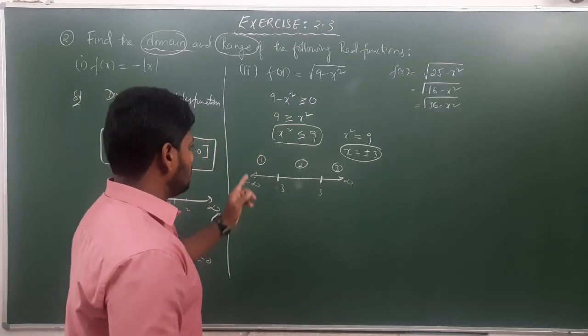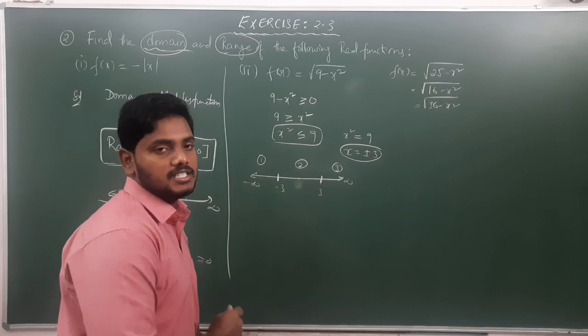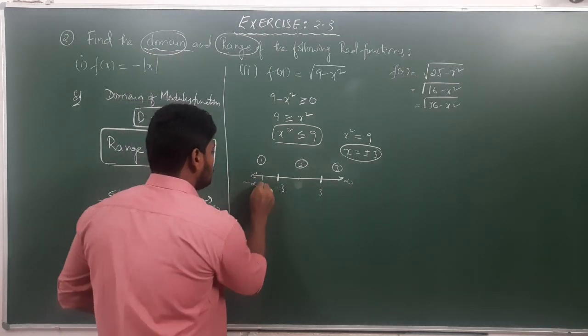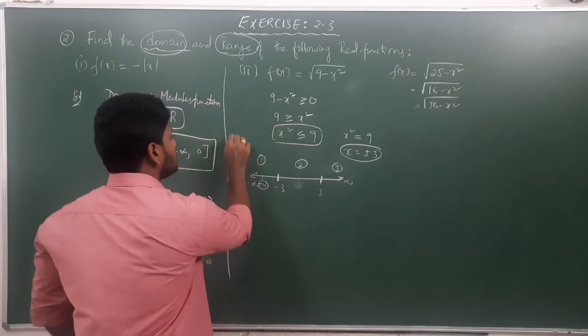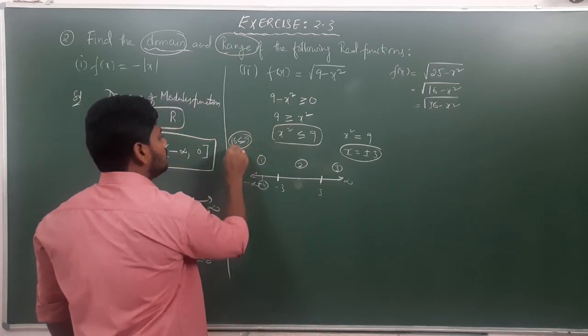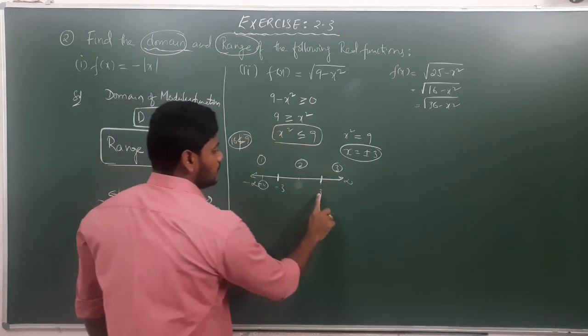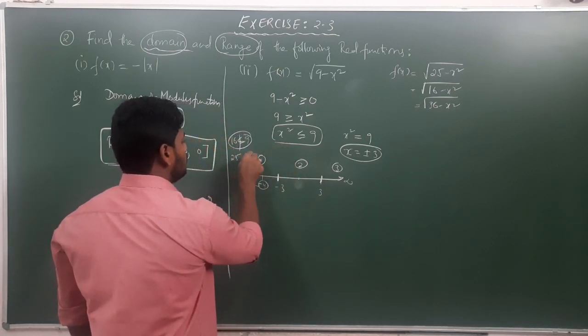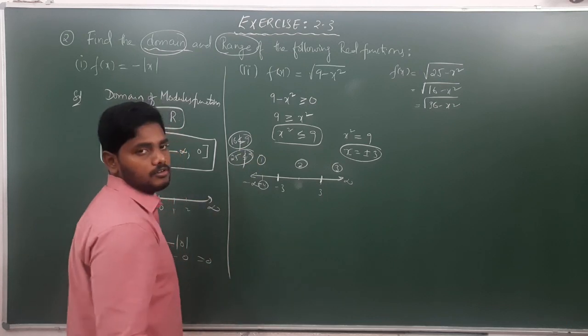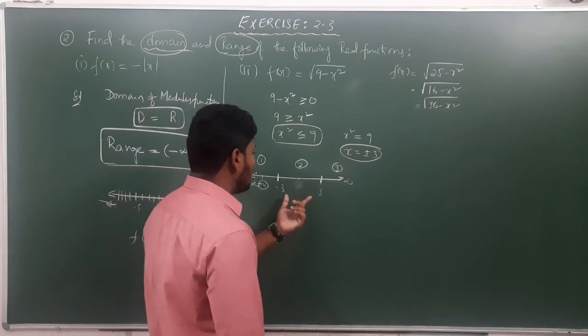Now which region will satisfy? Let us check. If I take minus 4, minus 4 whole square is 16. Is 16 less than or equal to 9? No. After 3, you take 5 square, 25. Is 25 less than or equal to 9? No.